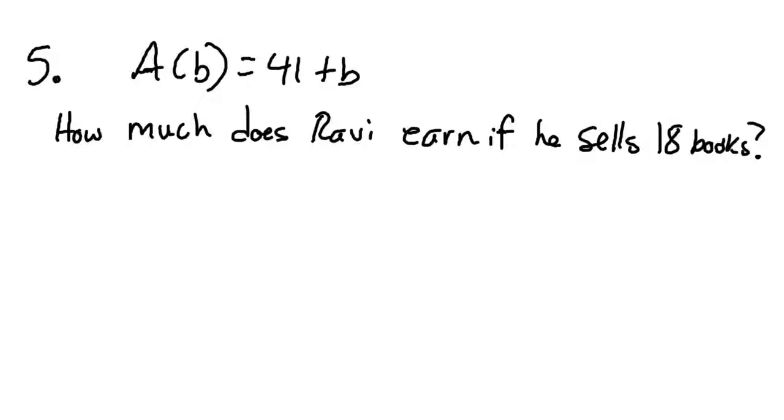And they make it pretty clear that if it's 18 books, then B is your 18. Just plug in an 18 for B. So 41 plus 18 would be 59.